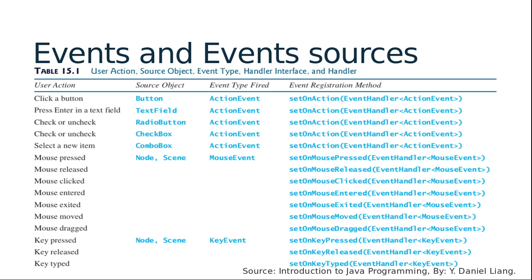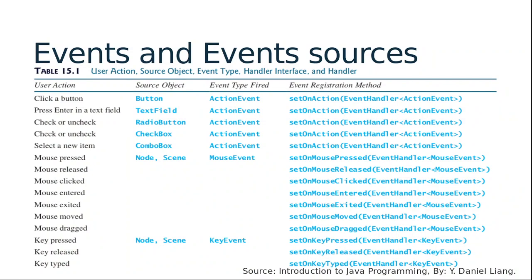Okay, if the user presses enter in a text field, then the object is a text field. It is again an action event, and to run our handler, we need to have the set on action method. So likewise, there is a radio button clicking, check or uncheck.